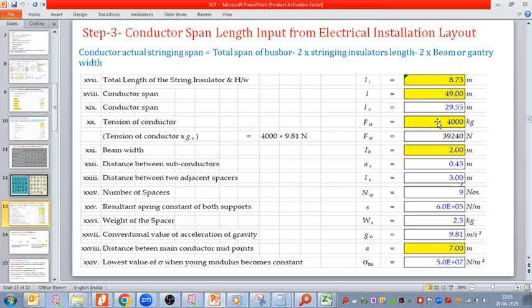Sir, how can we know the beam width before this calculation? Based on the calculation only we are deciding the beam width and the beam thickness. Civil will give you the beam details.